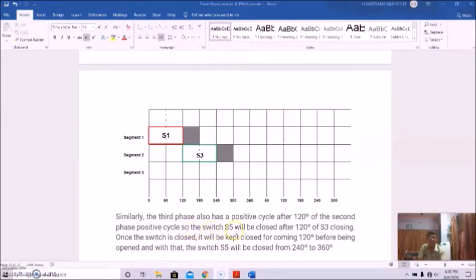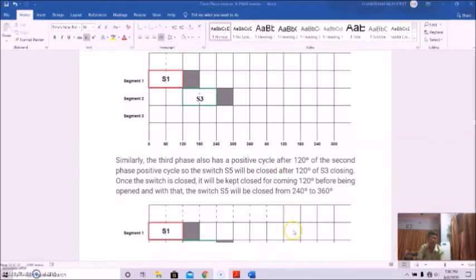So the switch S5, that is of segment 3, will be closed 120 degree after S3 closing, that is, it will be closed at 240 degree and stay closed for the coming 120 degree before being opened. So the switch S5 will close from 240 to 360 degree, and that is shown here.